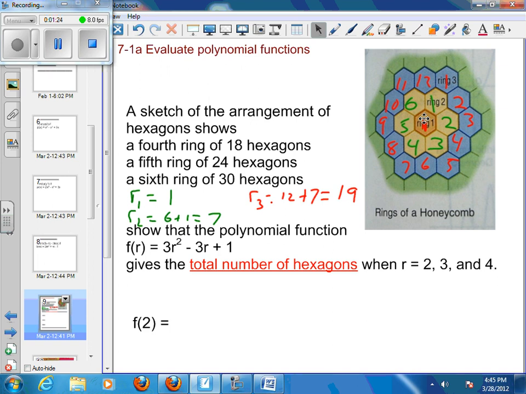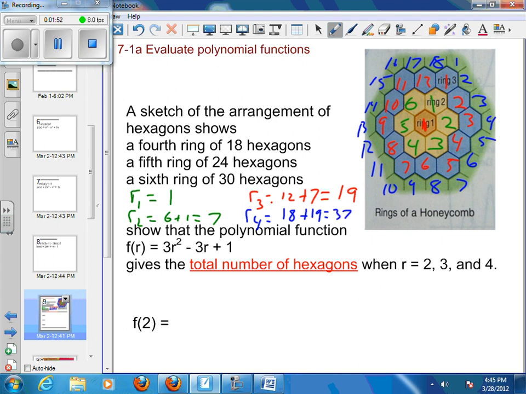And if I go out one more ring, and I count those, I've got 18 hexagons in that next ring out. And so my fourth ring would have 18 plus the 19 we had before, which would be a total of 37 hexagons.